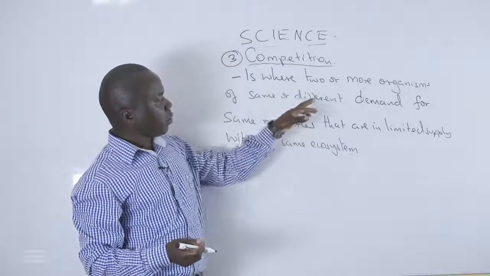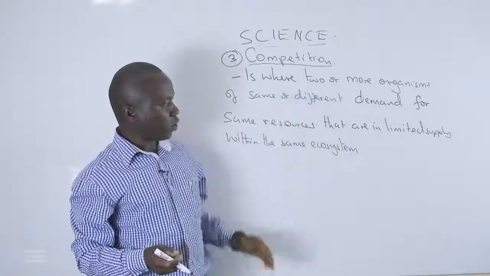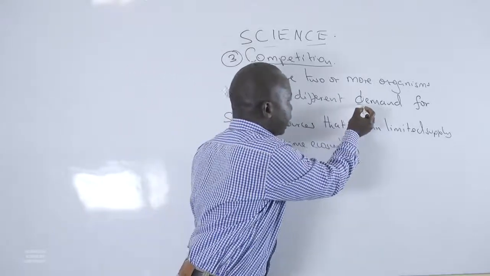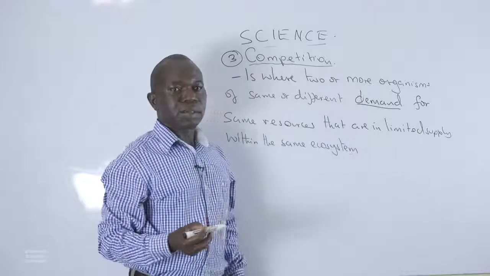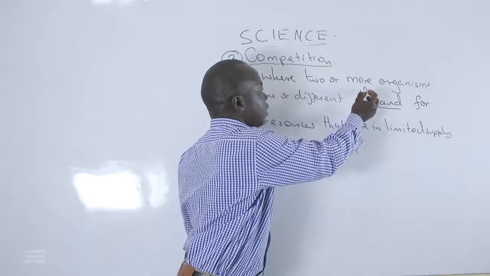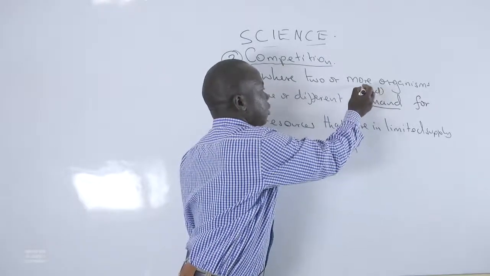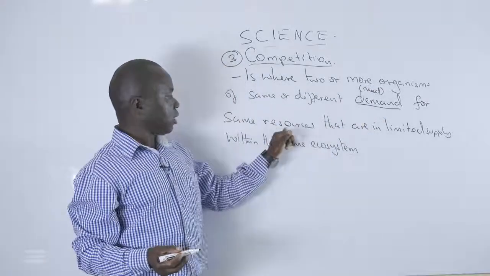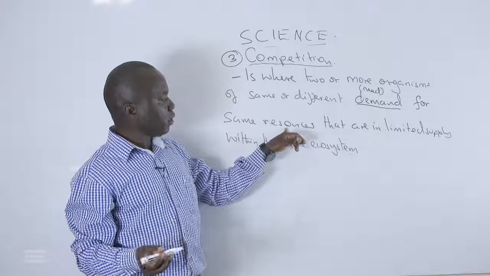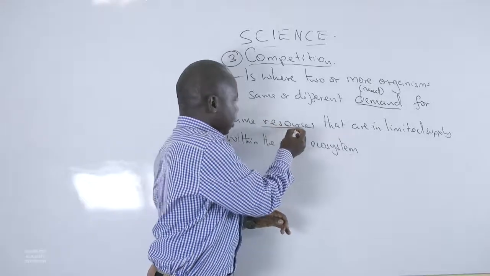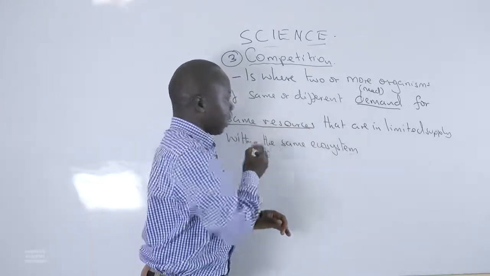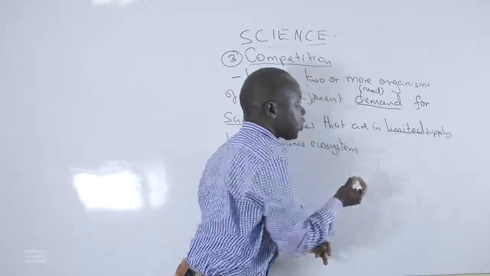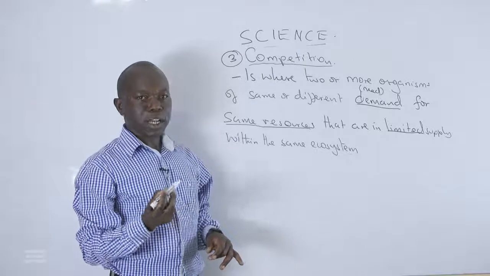So we have very important features of our definition that we must not forget. There is demand. Demand could be need. You can also say requirement. They are requiring resources. We are going to look at different types of resources that are similar. But the condition is that the resources are not enough.